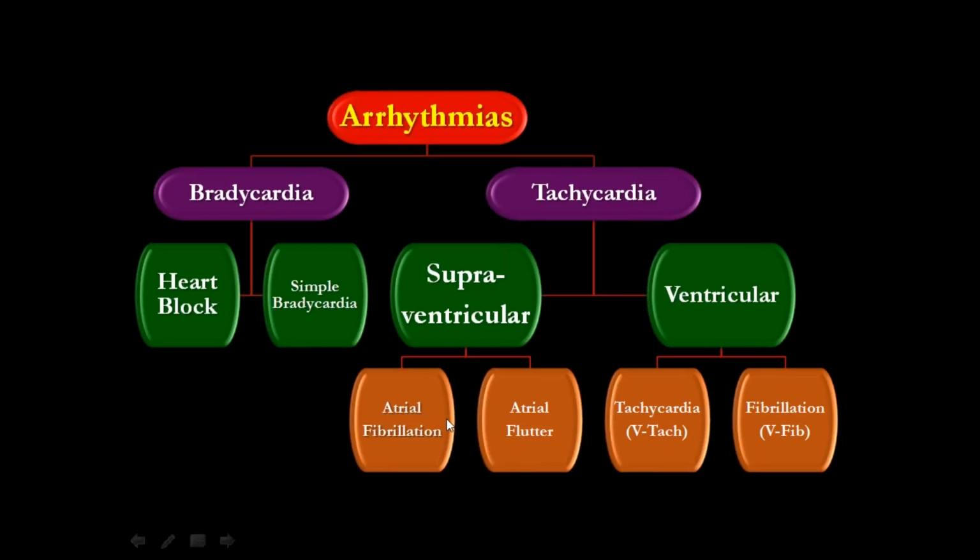The causes of atrial fibrillation, just to be short here, are for example coronary artery disease. For atrial flutter, coronary artery disease. For ventricular tachycardia, it is going to be coronary artery disease, and fibrillation the same.